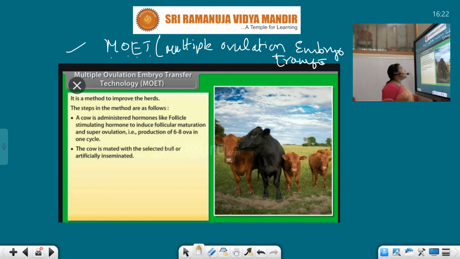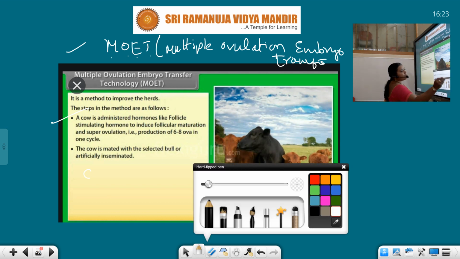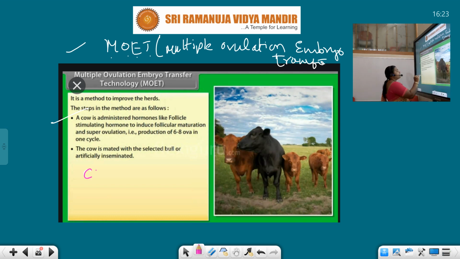This is MOET. Here in this method, 2 steps are there. The cow is administered hormones like follicle stimulating hormone. Here the cow is injected with a hormone like follicle stimulating hormone, FSH. What is that, students?